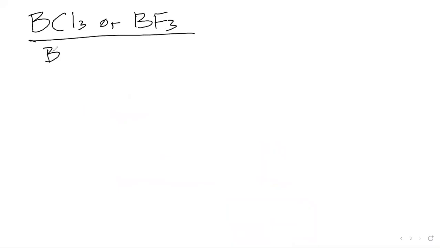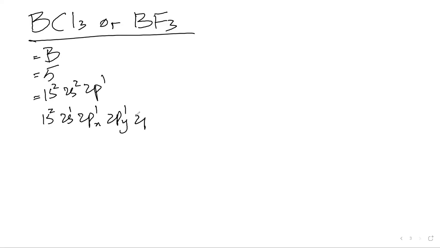But the second example is BCl3 or BF3. In this, the central atom is boron, atomic number is 5, electronic configuration is 1s2, 2s2, 2p1. But at excited state, according to Hund's rule, 1s2, 2s1, 2px1, 2py1, and 2pz0.